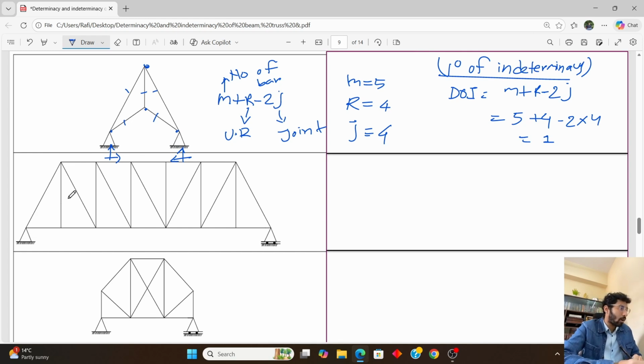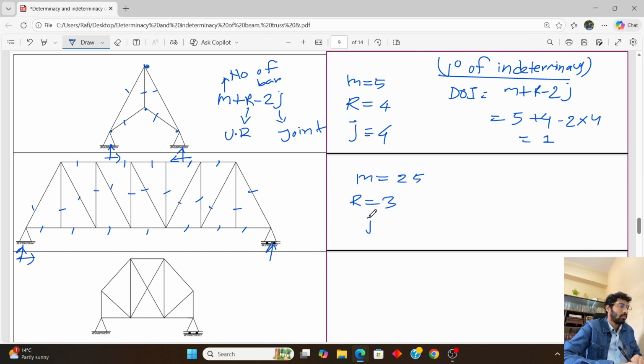If we look at the second problem, let's find the number of bars: 1, 2, 3, up to 24, and this is 25. So the number of bars will be 25. If we look at R, there are in total 3 reactions here, 2 vertical and 1 horizontal.